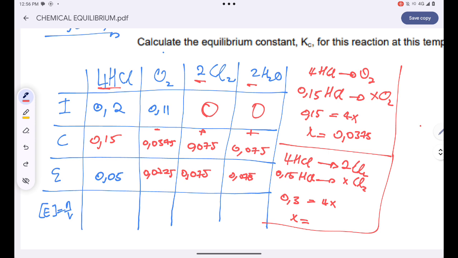So 0.05 divided by 0.2 will just give me 0.25 moles per cubic decimeter. 0.0725 divided by 0.2 will just give me 0.3625. 0.075 divided by 0.2, I'll simply get 0.0375.